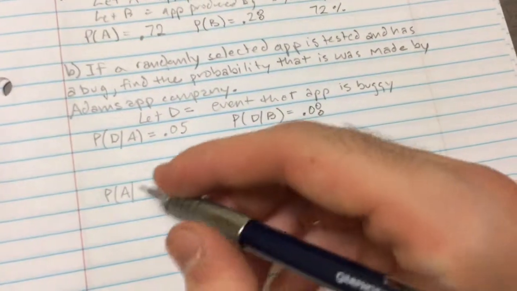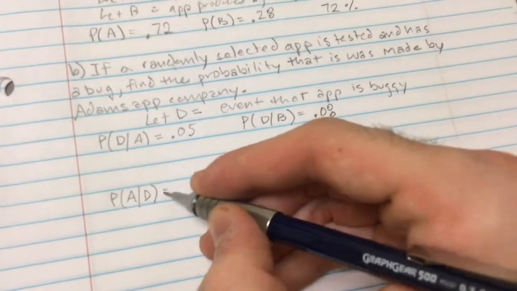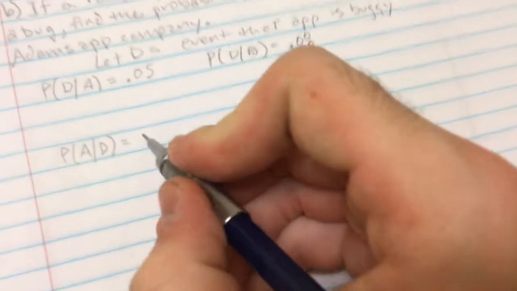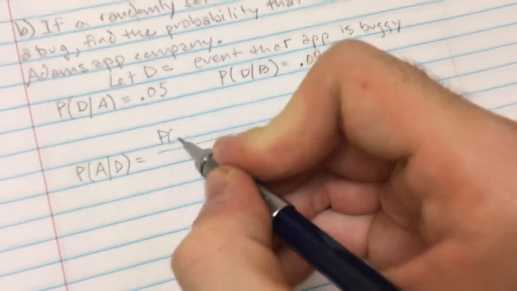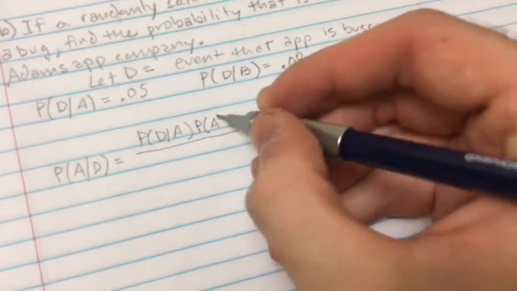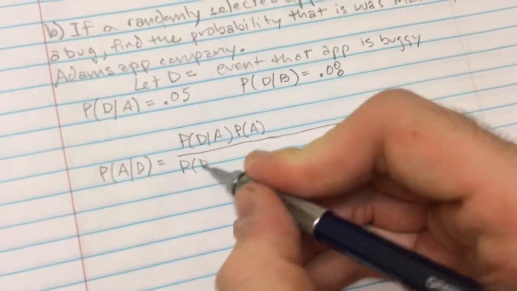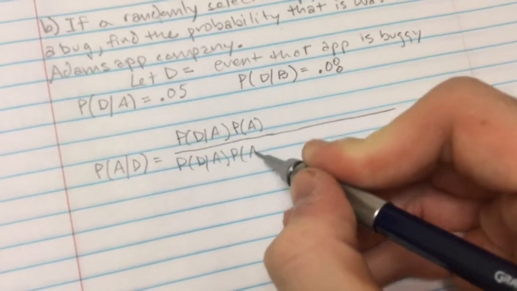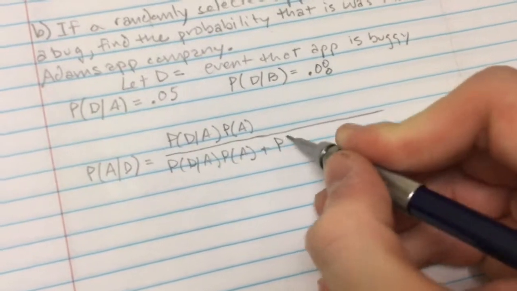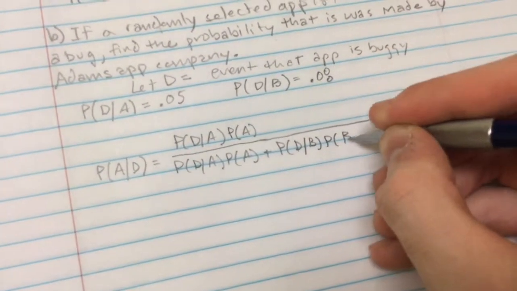Well, we want to know A given D. And what is that? That's going to be the probability of D given A times the probability of A, over the probability of D given A times the probability of A, plus the probability of D given B times the probability of B.